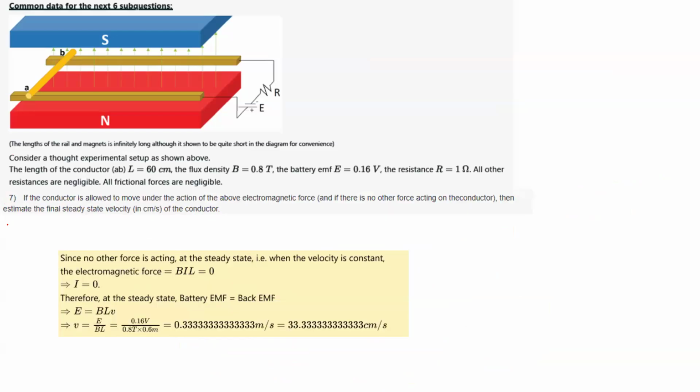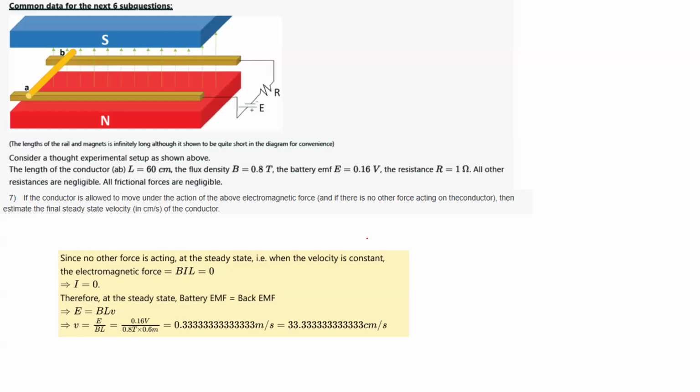Now in the next problem, it is saying, if the conductor is allowed to move under the direction of the above electromagnetic force, and if there is no other force acting on the conductor, like friction, then estimate the final steady state velocity. So how will you find the velocity? Here there is no opposing motion.